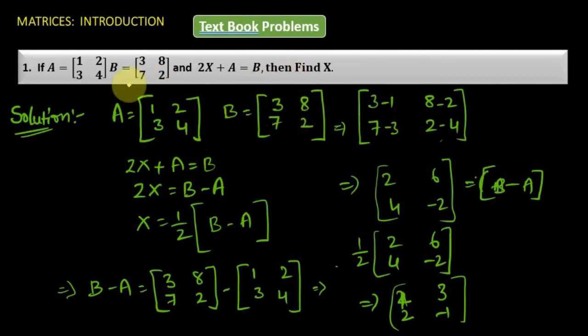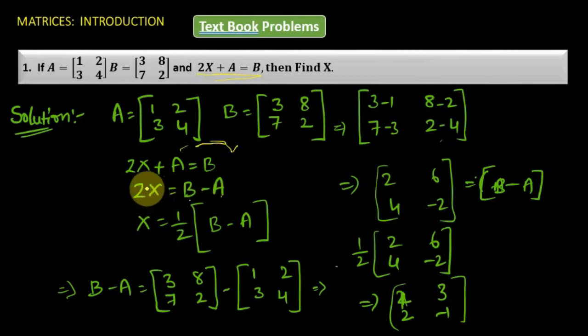So see what I will do here. 2X plus A is equal to B. This is the condition given, right? Then we should find the matrix X. From 2X plus A equal to B, if I transpose the A matrix to that side, it will become B minus A, right?